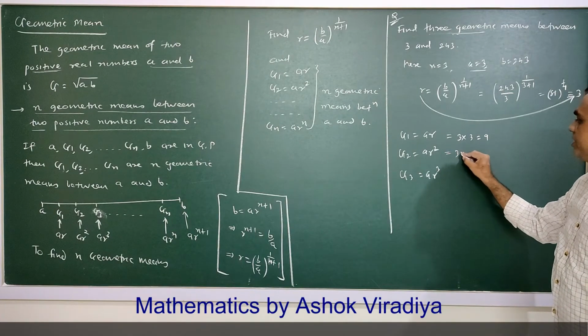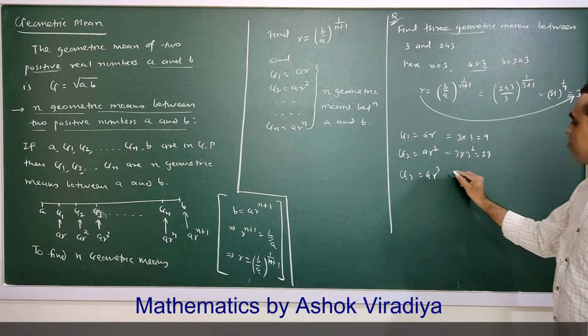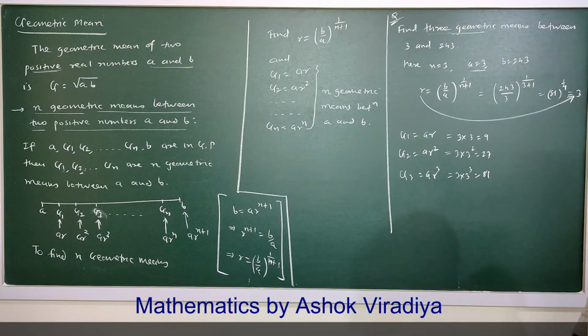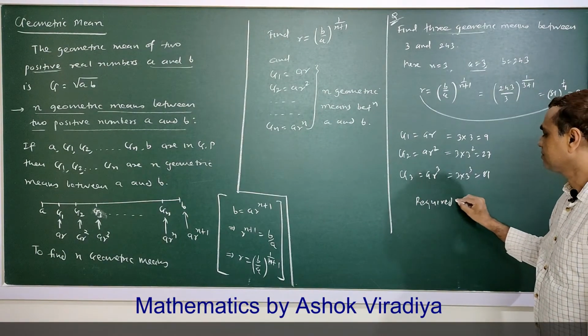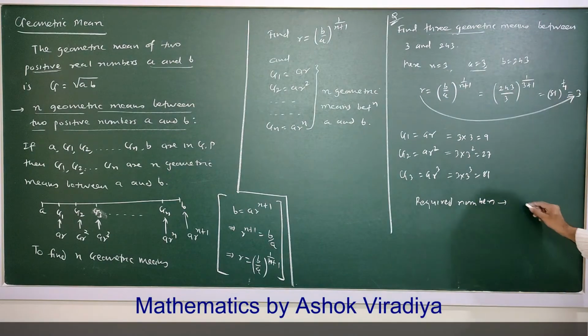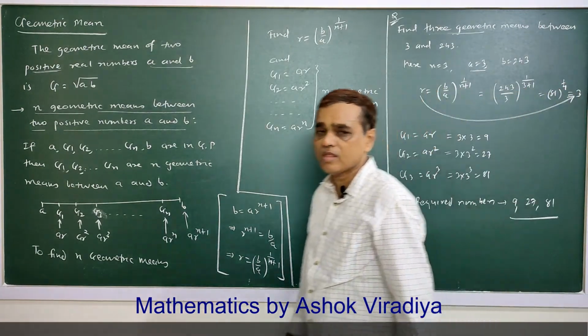Then 3 into 3 square, 27. 3 into 3 cube, 81. So the required numbers are 9, 27 and 81. So this is the application of this formula.